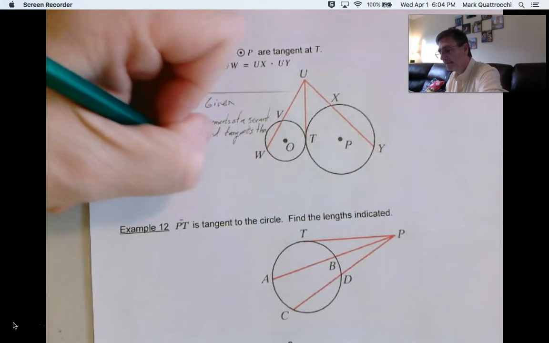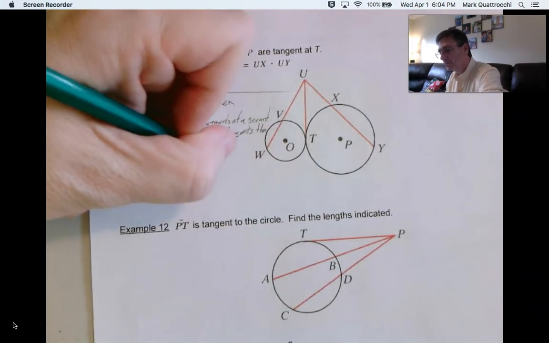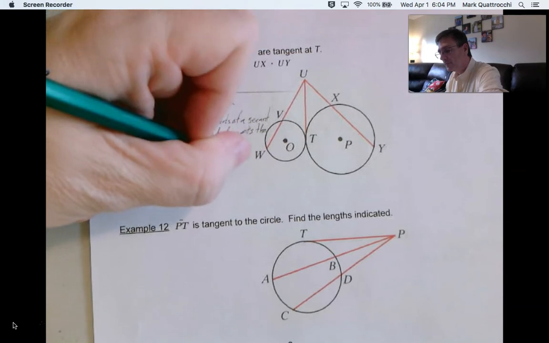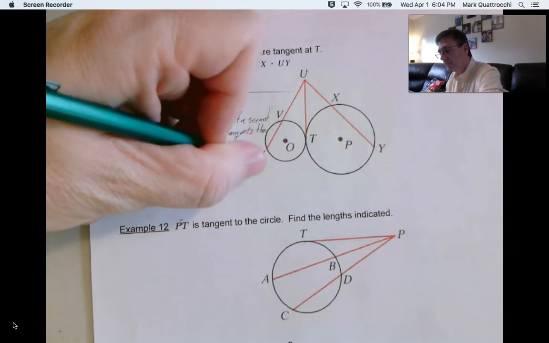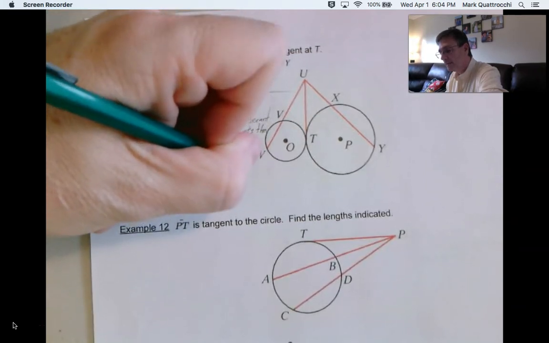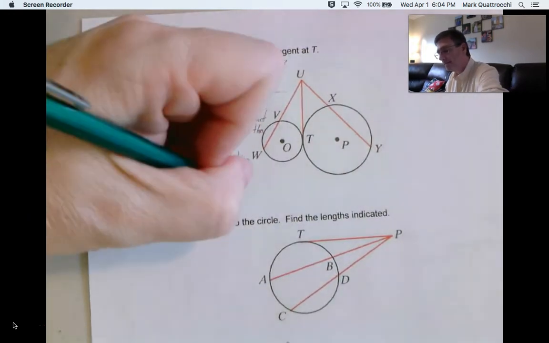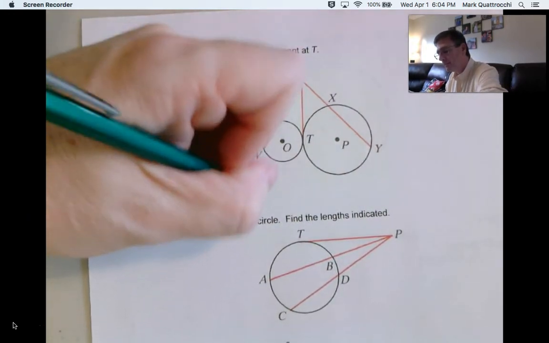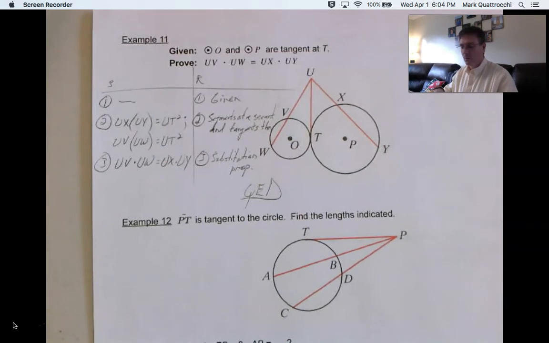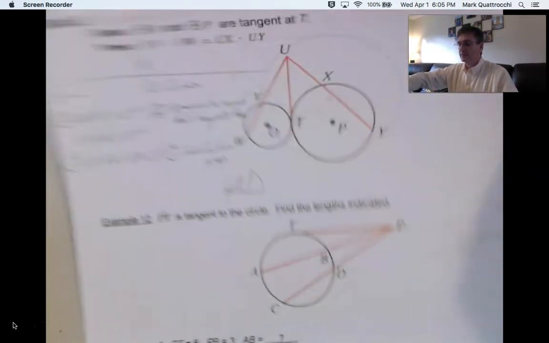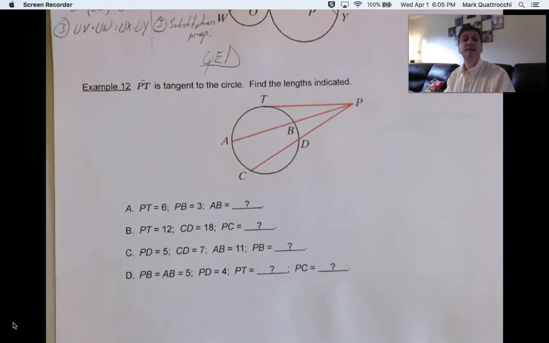Substitution property. QED. Demonstratum.